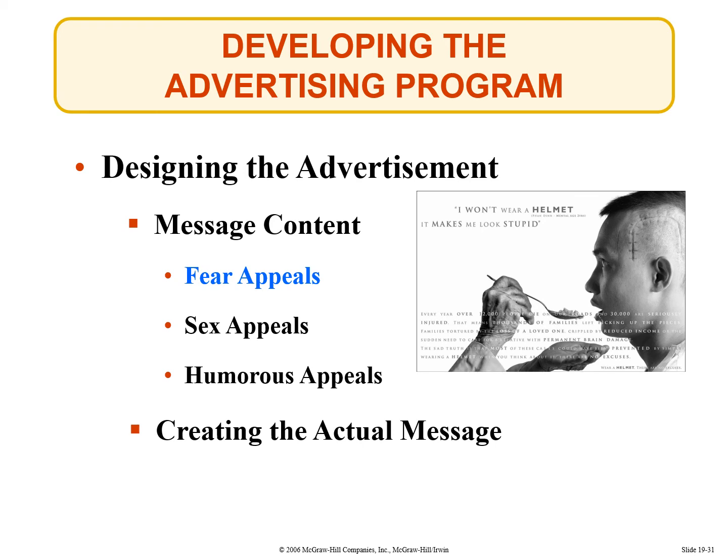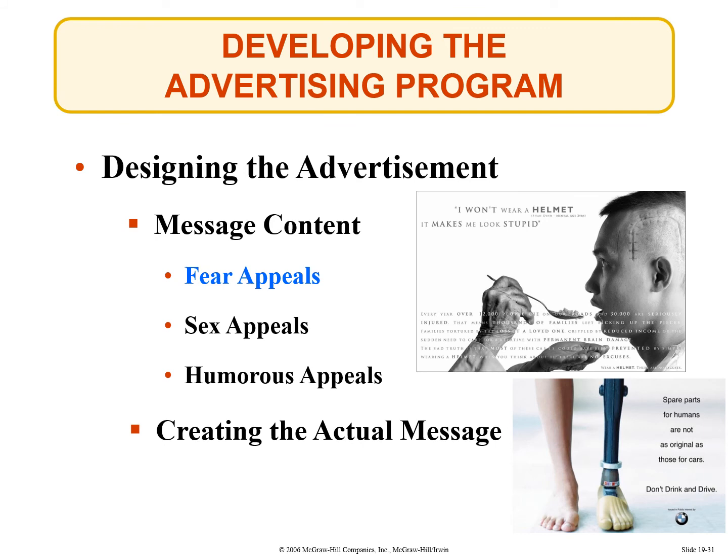But then this guy met with an accident, and that's how you appeal to the customers, by putting some fear in their minds and then trying to sell your product. Next, you also see "Don't drink and drive, spare parts for humans are not as original as those for cars," again trying to build some fear in consumers' minds.